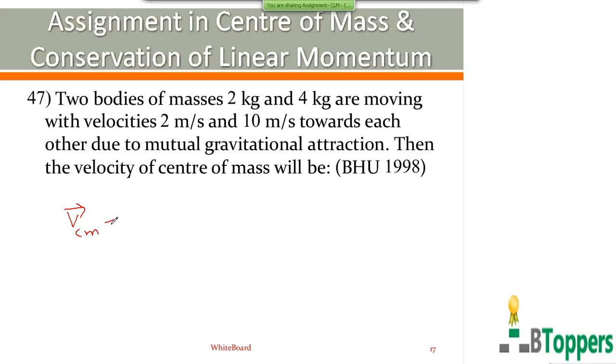is given by Vcm bar equal to M1 V1 bar plus M2 V2 bar by M1 plus M2. Here M1 equal to 2 kg, M2 equal to 4 kg. The two masses are moving towards each other.